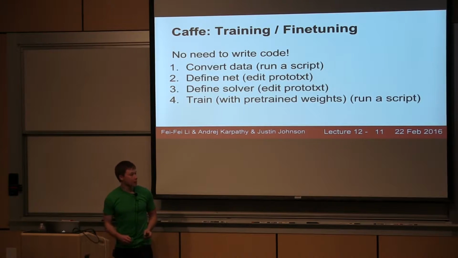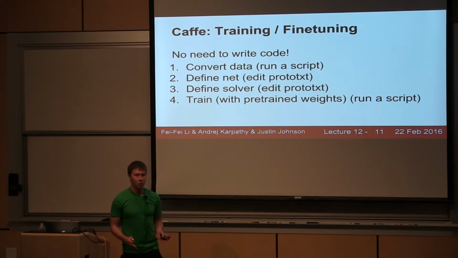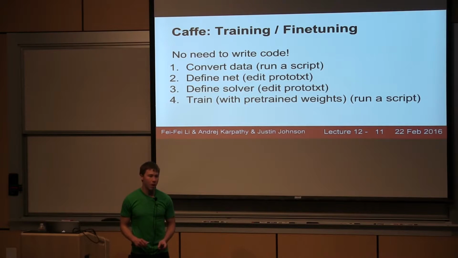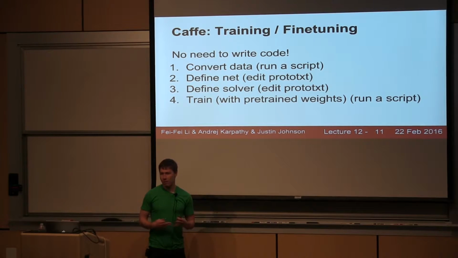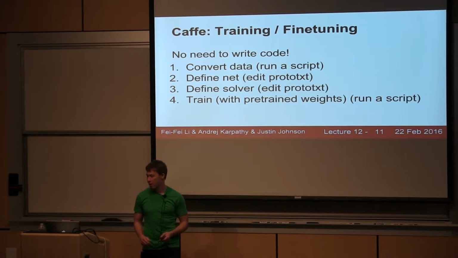When you're working in Caffe, it's actually pretty cool: you don't need to write any code in order to train models. Working with Caffe, you generally have a four-step process. First, you'll convert your data, and especially if you just have an image classification problem, you don't have to write any code for this. You just use one of the existing binaries that Caffe ships with. Then you'll define your net file by just writing or editing one of these prototxts.